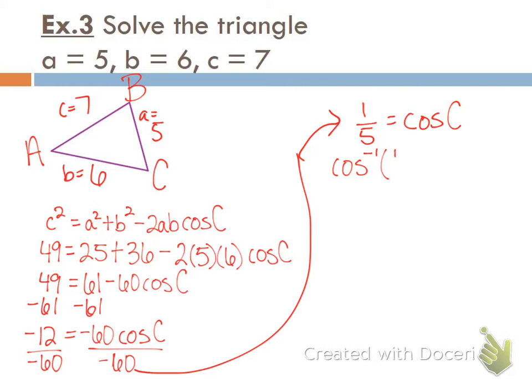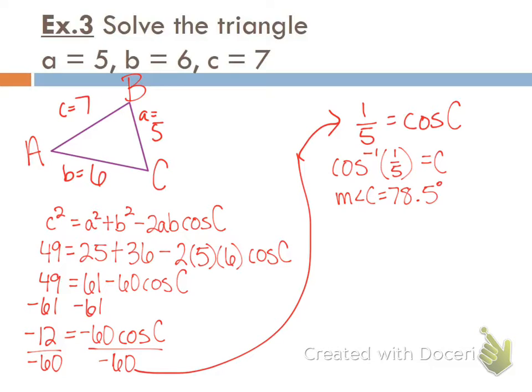So inverse cosine of either 0.2 or 1/5, it's the same thing, is equal to angle C. And what do we get? 78.5 degrees. Measure of angle C is 78.5. Questions, concerns about that angle? Okay, we found the first angle.